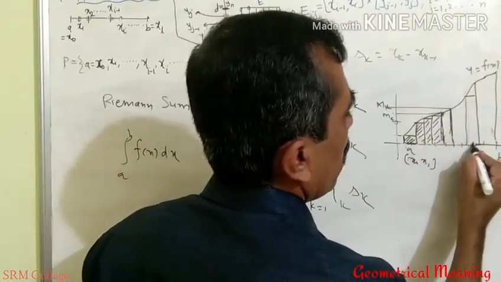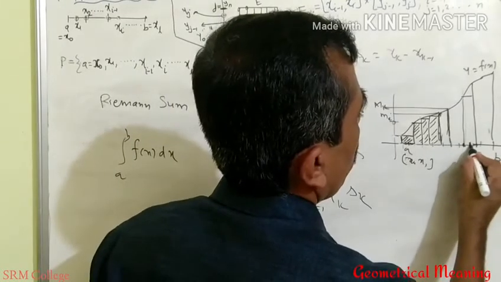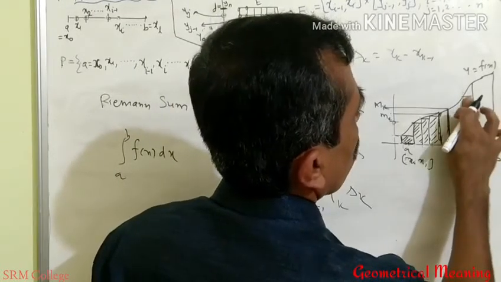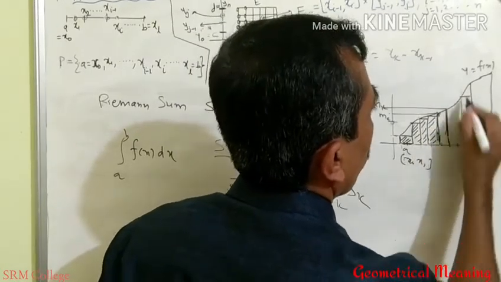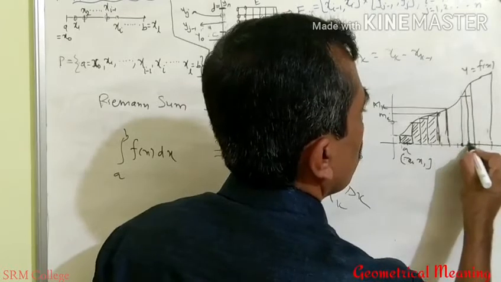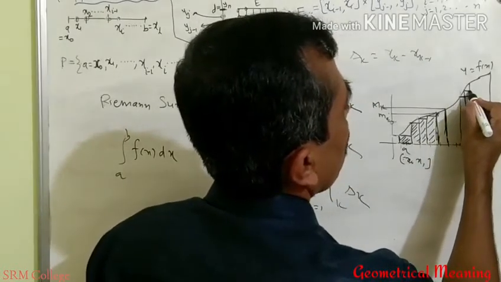If I add a point in between to the previous partition, previously these were the 2 points. See, previously I was having this area. Now if I add one more point, what I will get is this new rectangle, and this much area of this rectangle and this area.